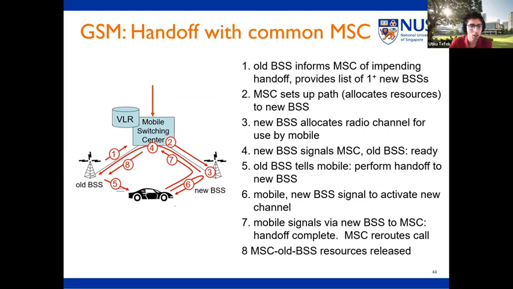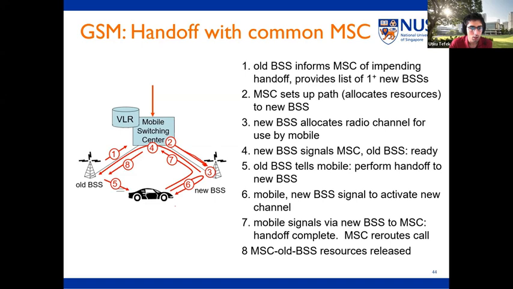Okay. So first, the base station informs the mobile switching center about the impending handoff, and it provides a list of at least one new base station for the mobile to connect to. And this mobile switching center then sets up paths, meaning that it allocates resources to the new base station here.